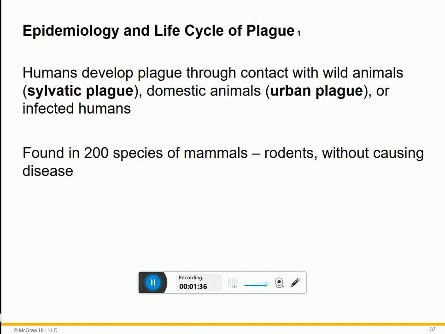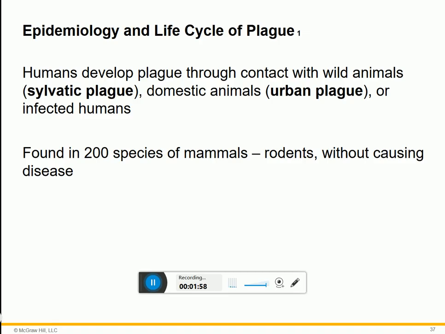Okay, so let's talk about the epidemiology and life cycle of the plague. We can contract it through contact either with wild animals, and we call that sylvatic plague, or through domestic animals, and we call that the urban plague, or we can contract it from other humans.